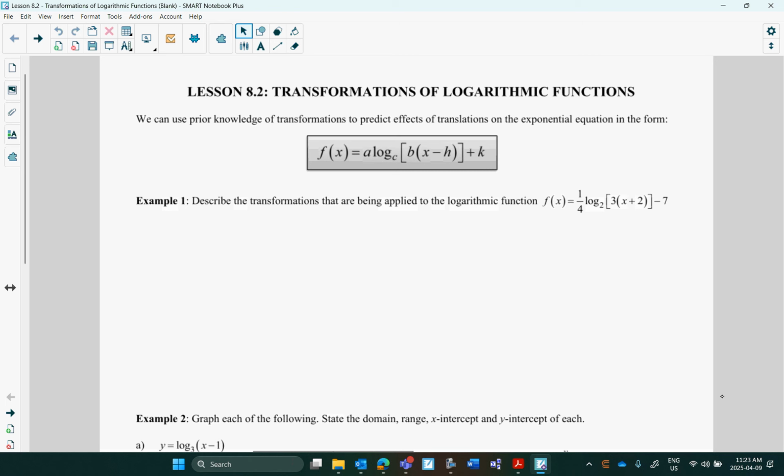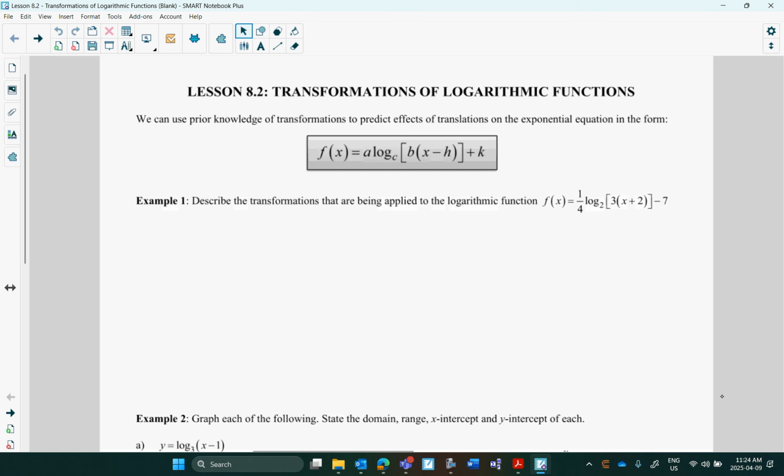Vertically stretch, and if it's negative, flip vertically. Yes? Horizontal stretch, and if it's negative, right? Yes. Horizontal shift, vertical shift. So just as, and we've been doing plenty of these this year.